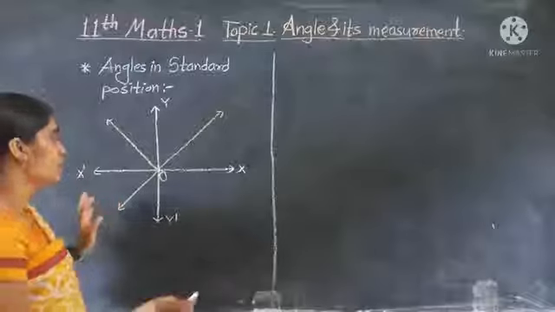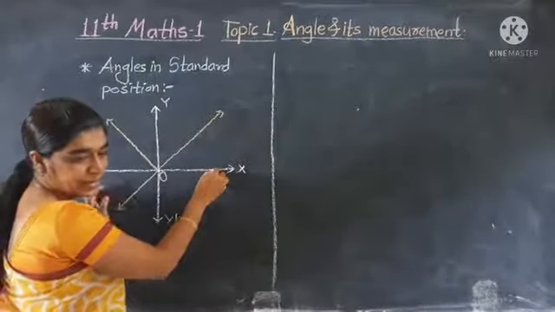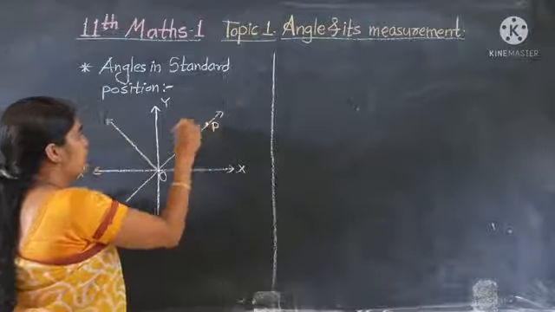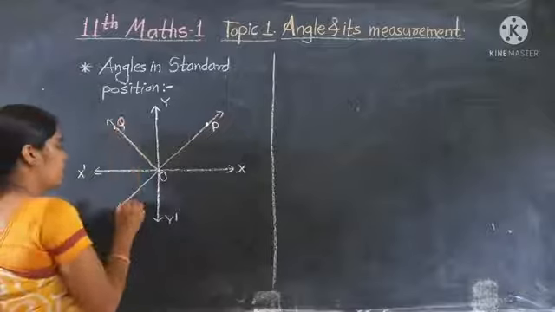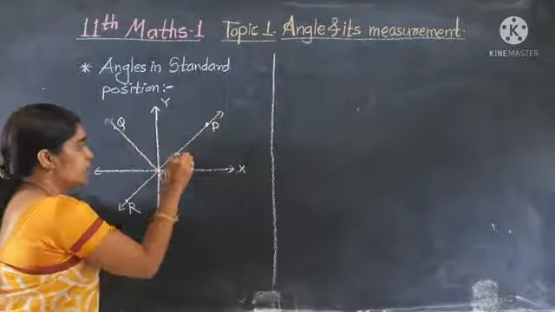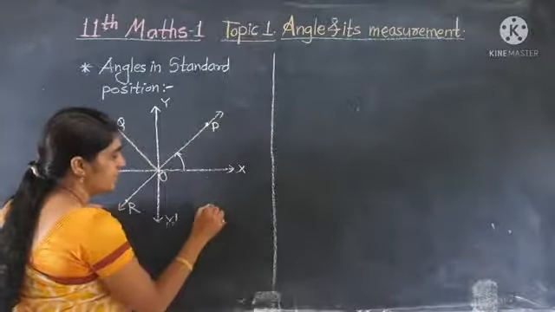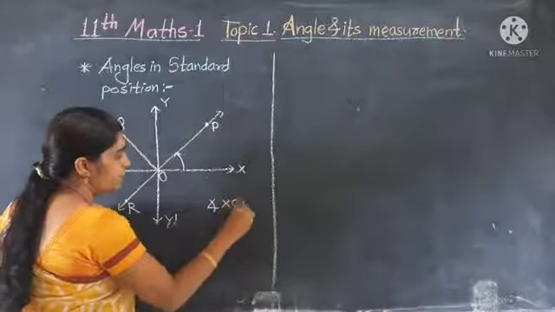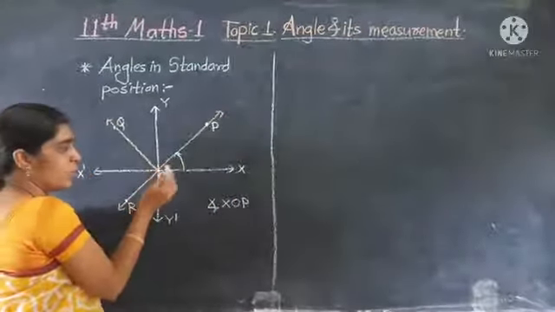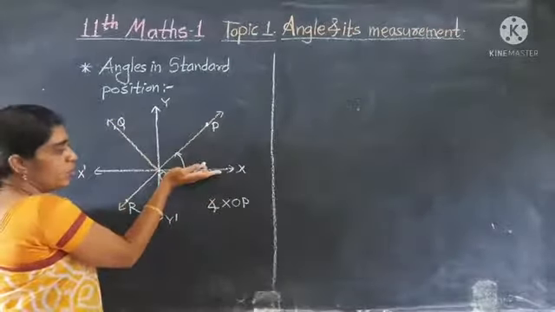Okay, see here I draw a figure. Here I write this as X, suppose this is O, here P, Q and R suppose. Here this angle is suppose angle XOP, directed angle XOP. Its vertex is O and its initial arm is OX.